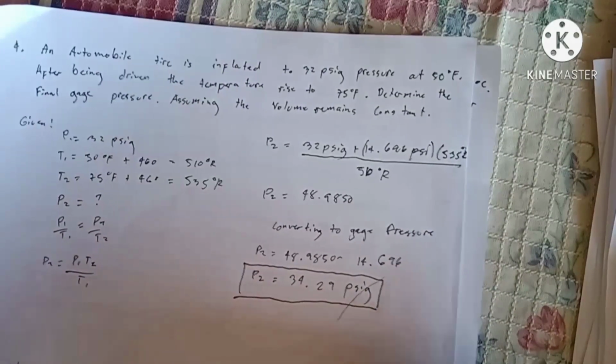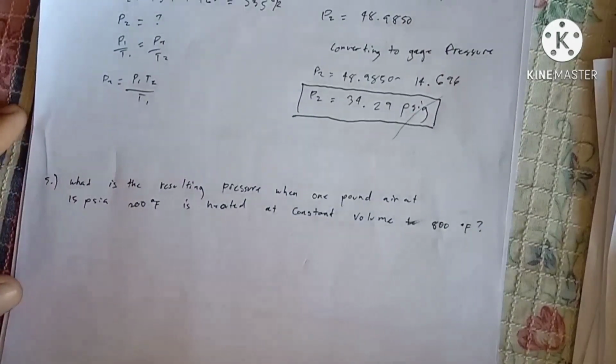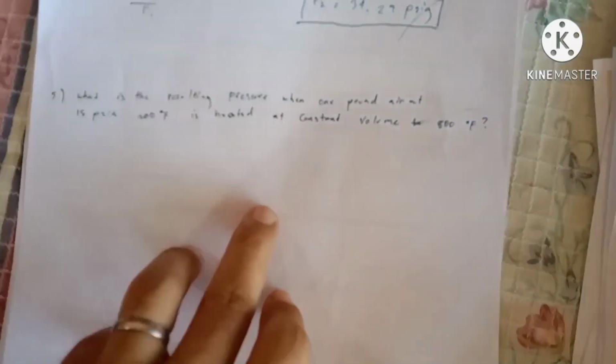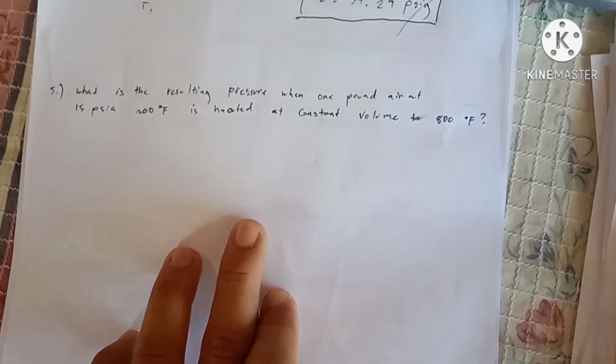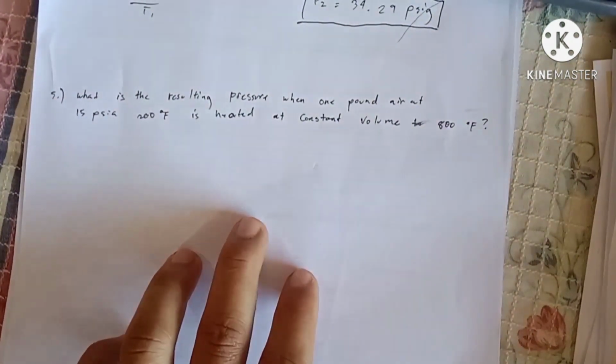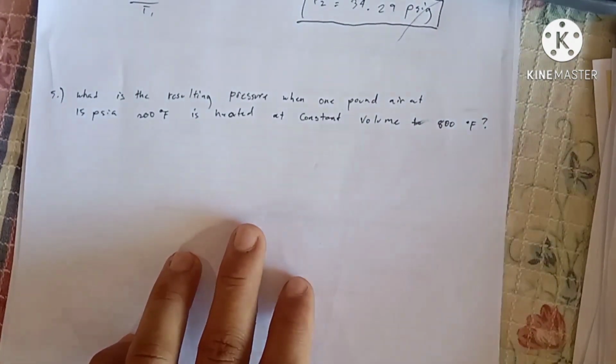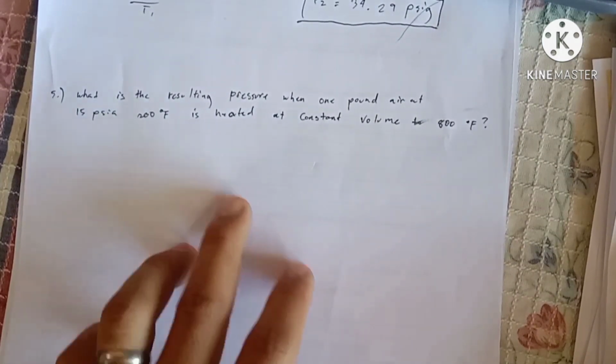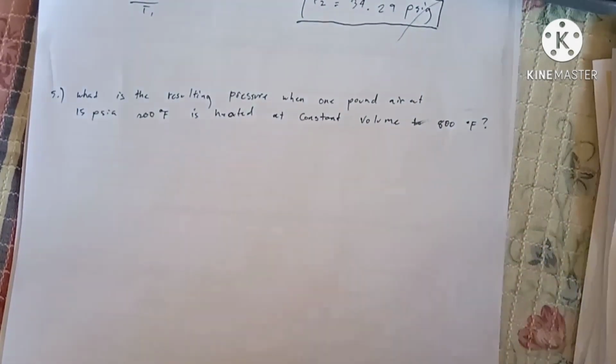Then proceed to problem number 5. What is the resulting pressure when 1 pound of air at 15 psi atmospheric and 200 Fahrenheit is heated at a constant volume to 800 Fahrenheit?